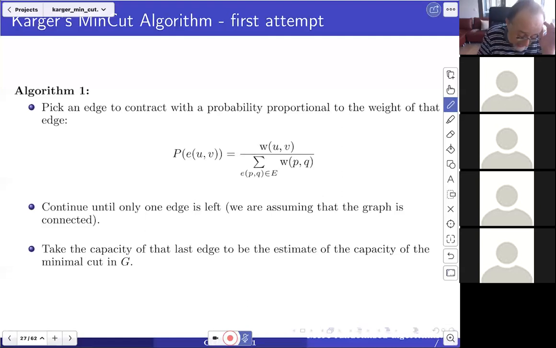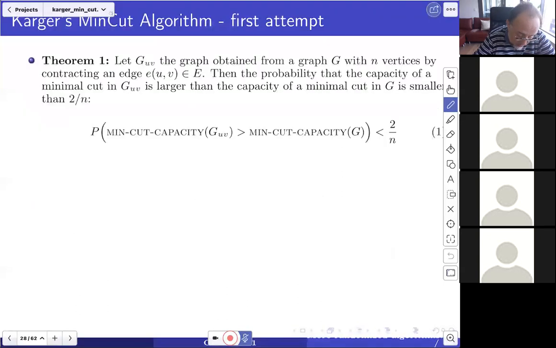So you are doing a very risky operation of contracting edges, which might increase the capacity of the min cut, and you just hope for the best. So let's see how optimistic you are that you might have gotten the correct value.